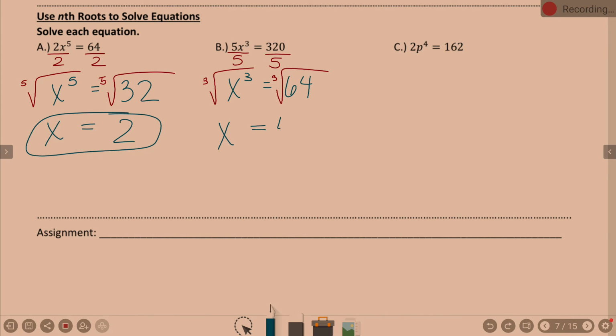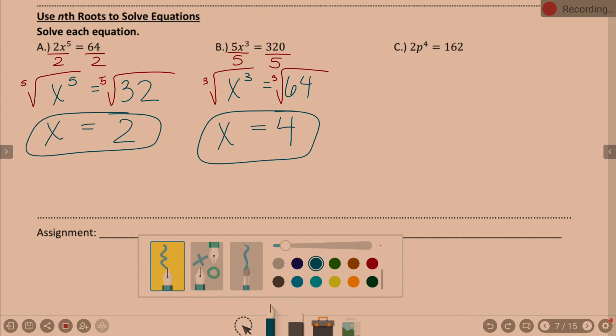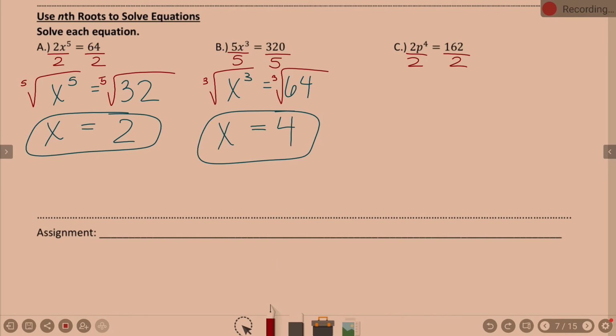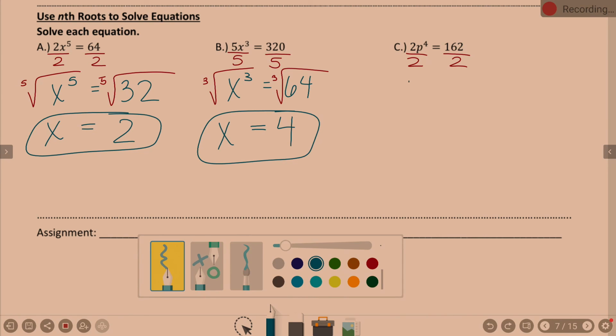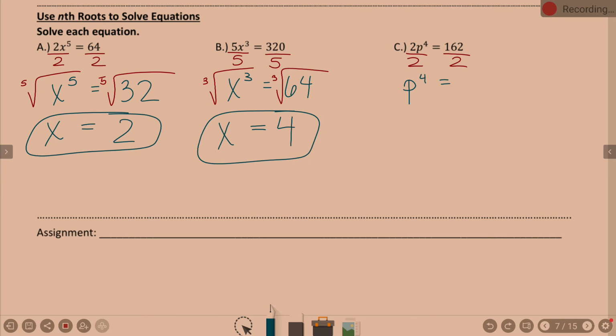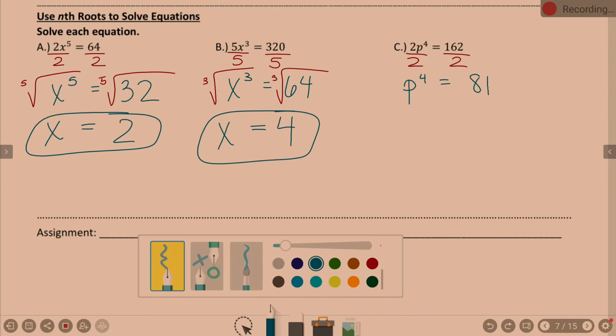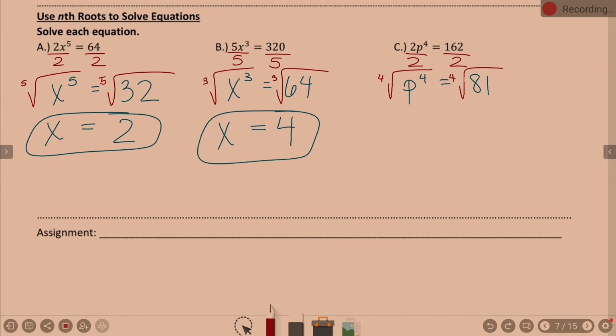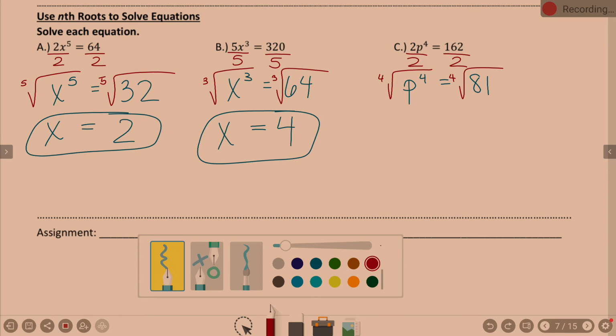Hang on with this last one before you pack up. 2p to the 4th equals 162. What do you know? Divide by 2. We end up with p to the 4th is 81. Then you take the 4th root, and the 4th root of p to the 4th is p.